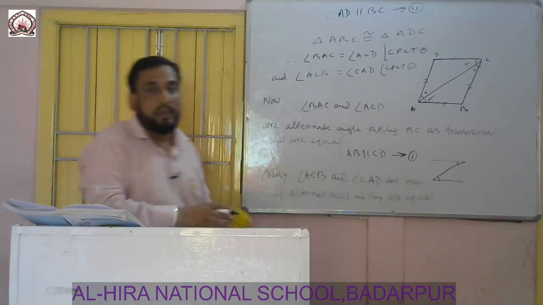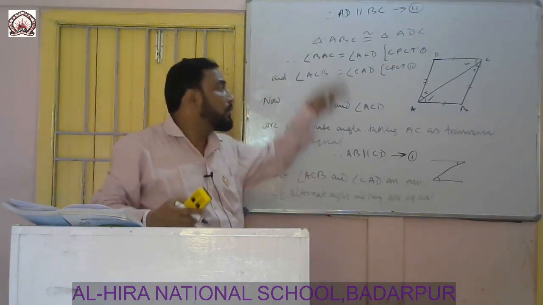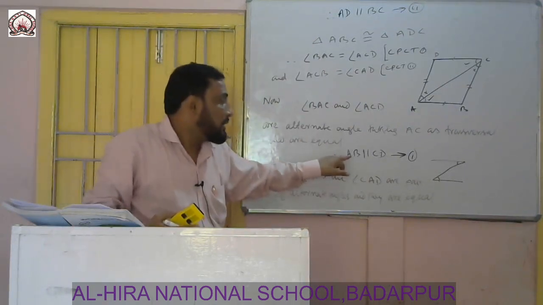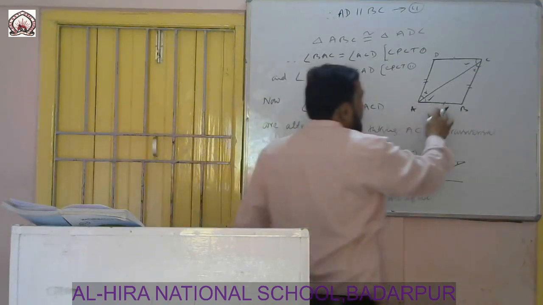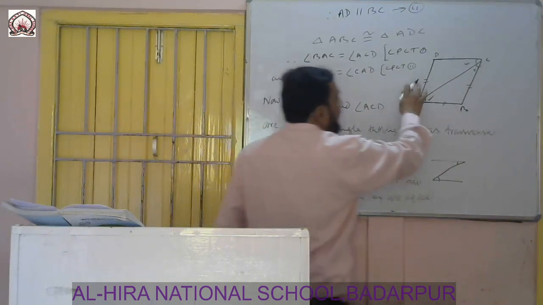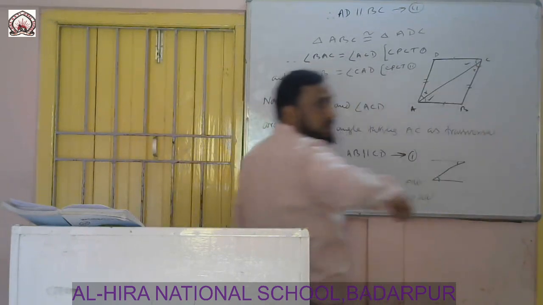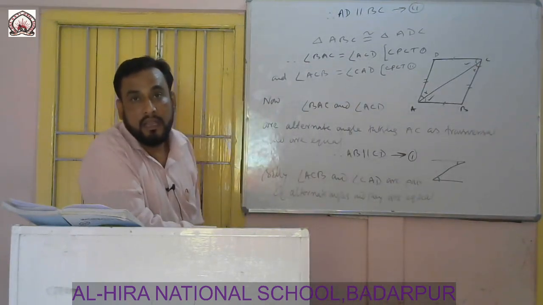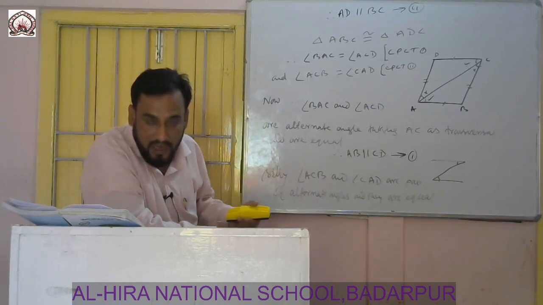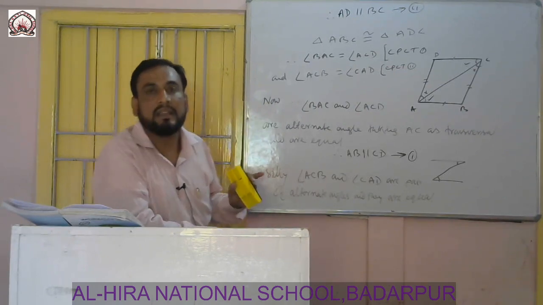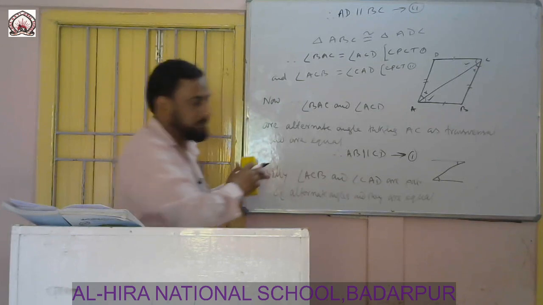So from equations number 1 and 2, we have AB parallel to CD and AD parallel to BC. If two pairs of opposite sides are parallel, then you can say that this is a parallelogram.